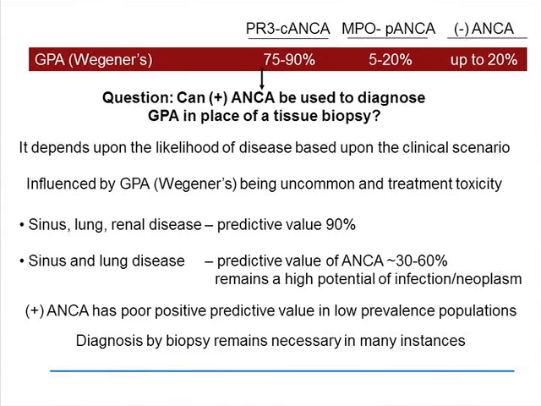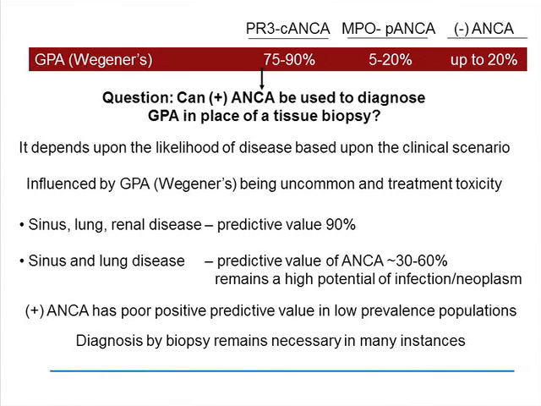So in the case of a patient who has very characteristic sinus, lung, and renal disease, particularly when bronchoalveolar lavage has been performed to rule out pulmonary infection, a positive ANCA would have a predictive value of about 90%, making it comparable to what we would see with biopsies.